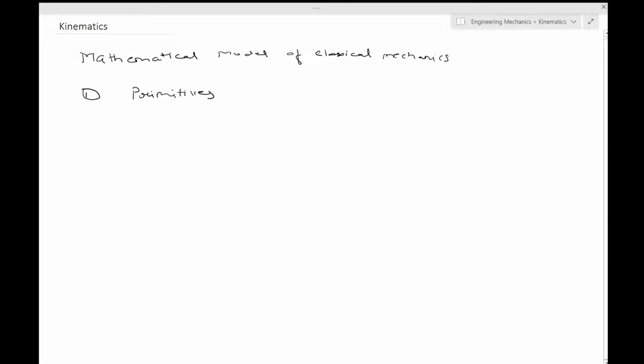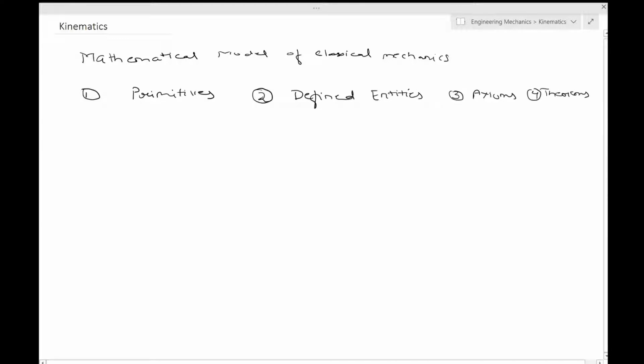Then you have defined entities. Then you have axioms, and lastly you have theorems. Okay, so we'll learn about each one of them.